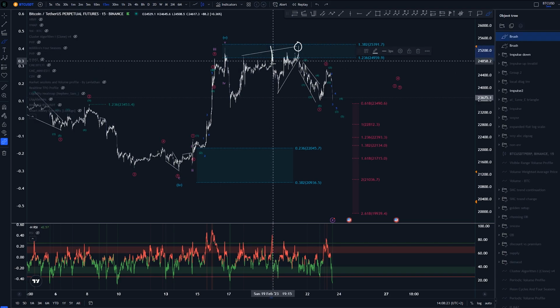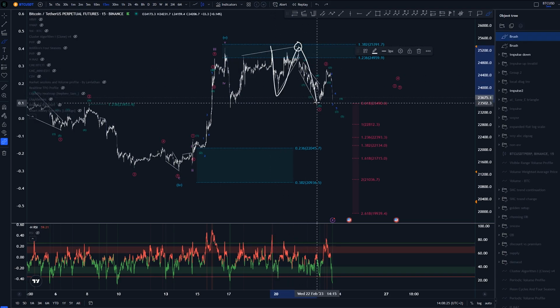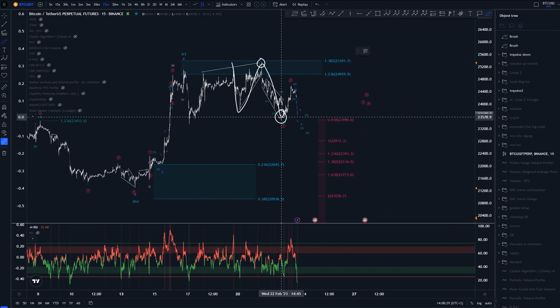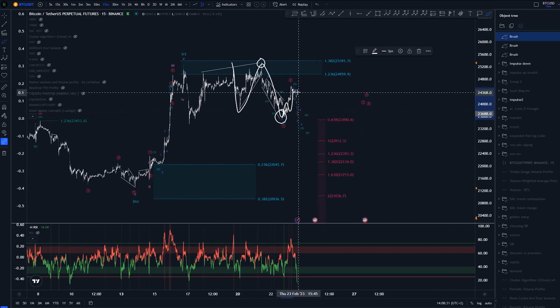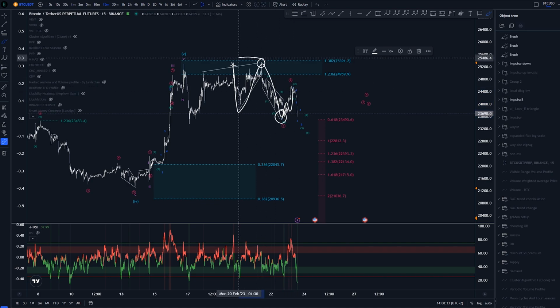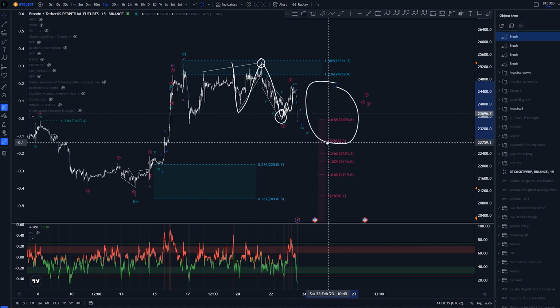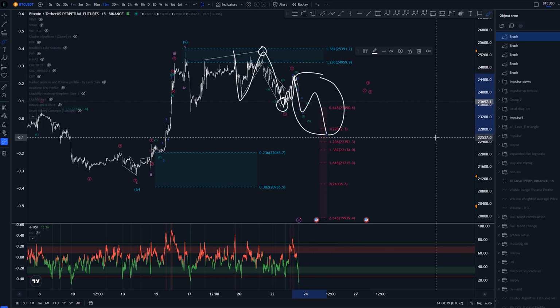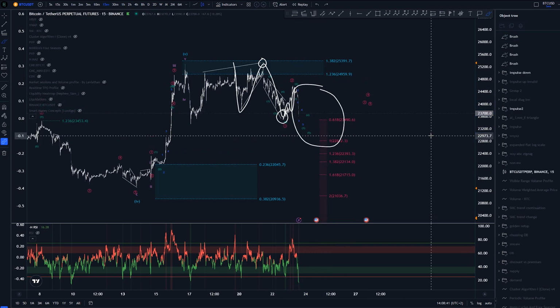Of course, there was a possibility that this was a structure like this, and there is still a chance of that happening. And then we would have another 3-wave structure in here, and then another 3-wave structure having a pair of this down somewhere in here. And that would have a decent probability and possibility of happening.